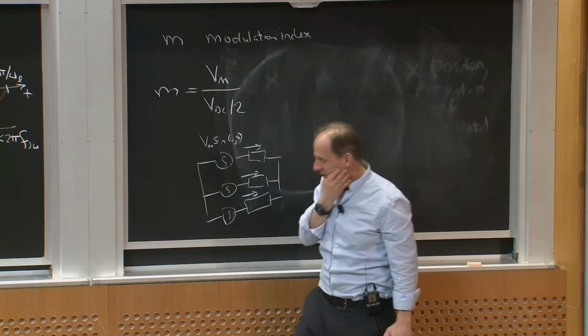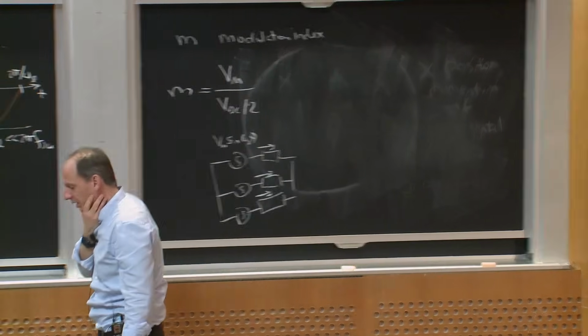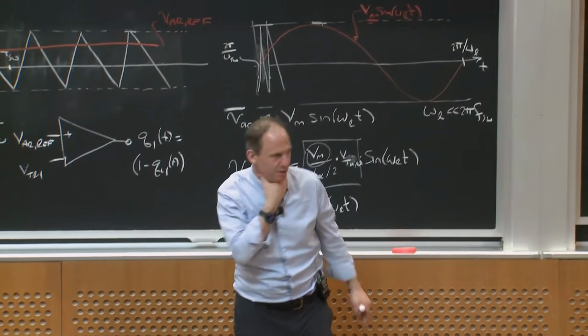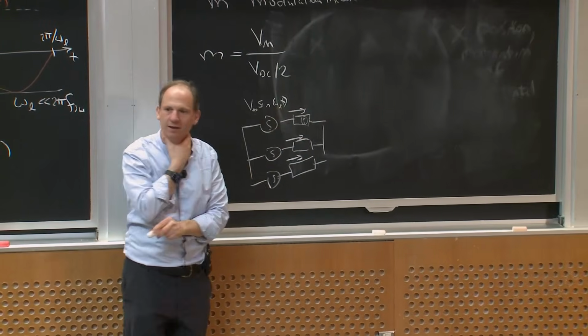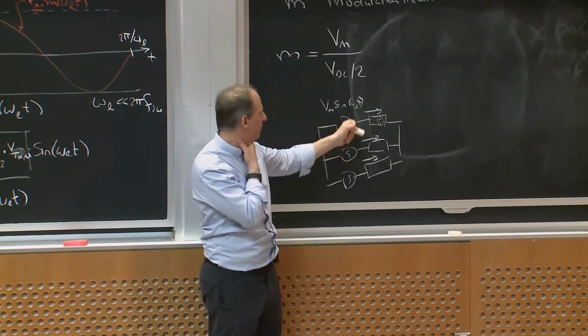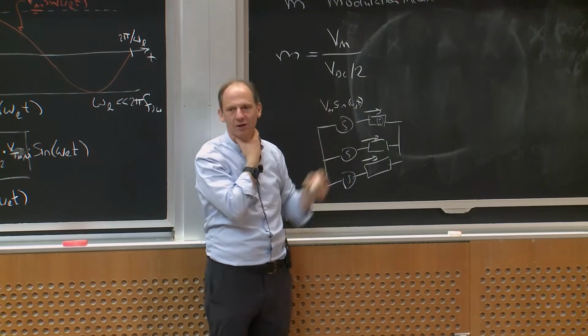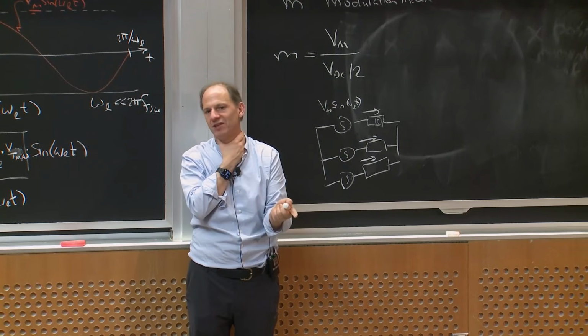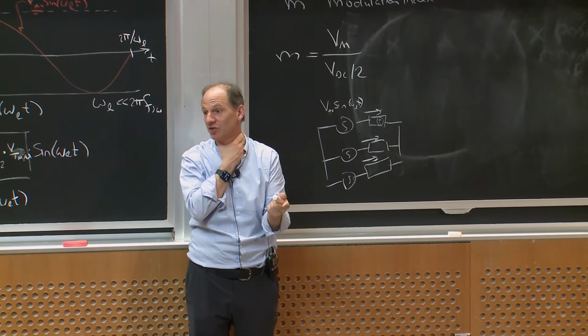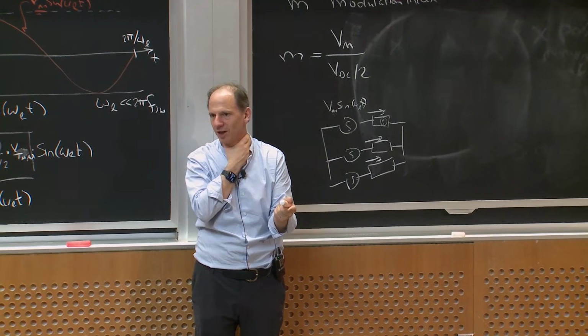Now the challenge is, eventually I run out of headroom. Suppose the internal back EMF of these motors is getting really big. So I need a pretty big voltage, V sub m, to drive current into my load. Once V sub m equals VDC over 2, suddenly I'm going to start distorting. I'm not going to be generating just sine waves.